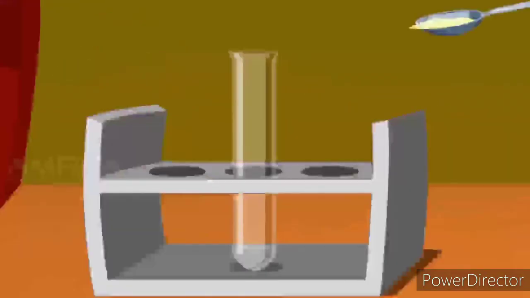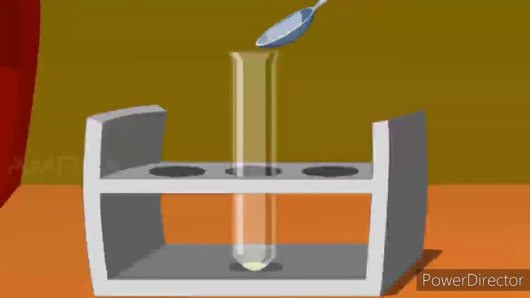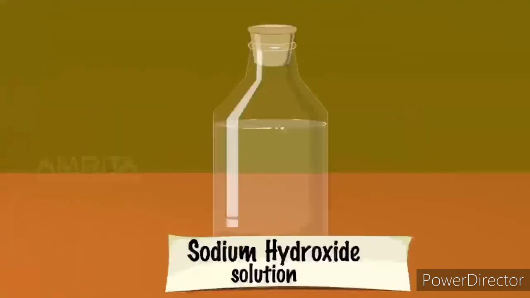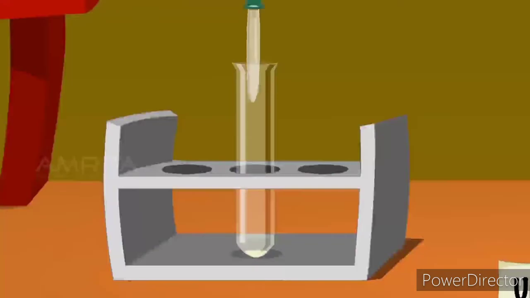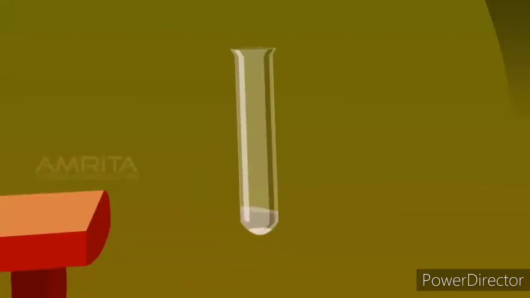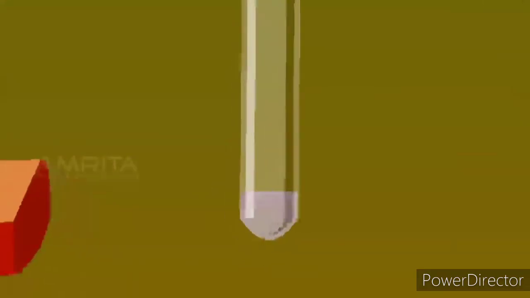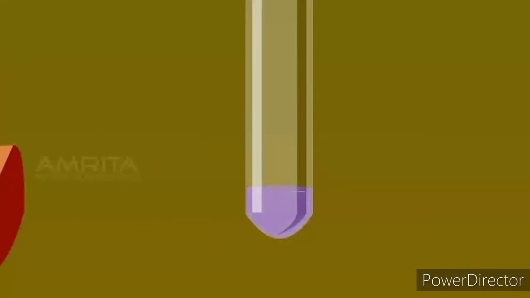Add a small amount of powdered m-dinitrobenzene to it. Take a small quantity of sodium hydroxide solution using a dropper. Add a small amount of dilute sodium hydroxide solution to it. Shake well. Appearance of a violet color that slowly fades confirms ketonic group.